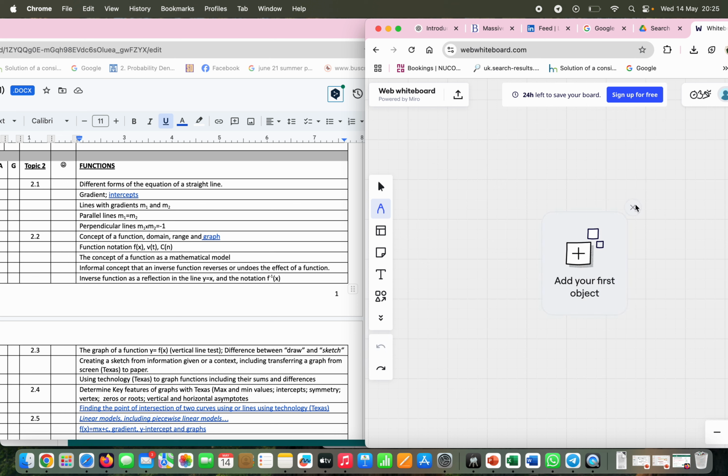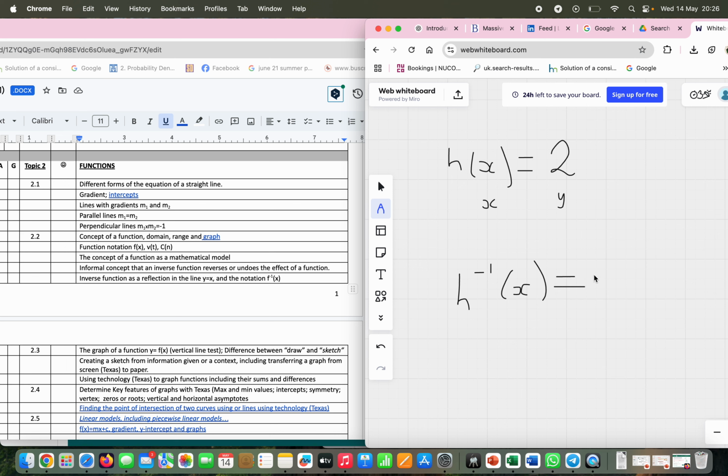Another really important thing to do with this is domain and range. So if you have h of x, and the range of a particular function, which is the y value, is equal to 2, then when you do the inverse, which is h to the minus 1 of x, we're going to replace the position of the 2, which means the 2 goes here.